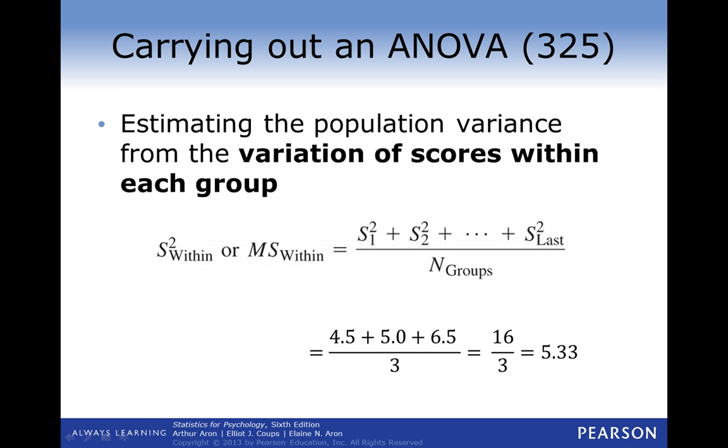So we have 4.5 plus 5.0 plus 6.5 divided by 3 because we have 3 groups. That gives you 16 divided by 3, and it gives you a mean square within of 5.33. So we have the first half of our ratio.